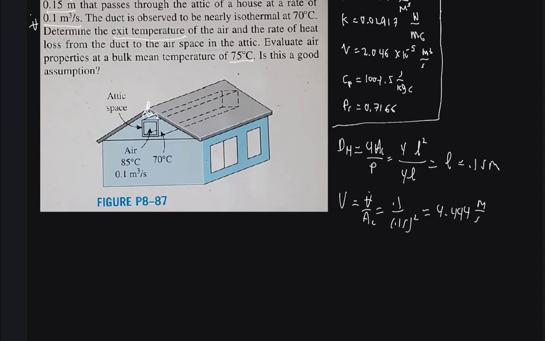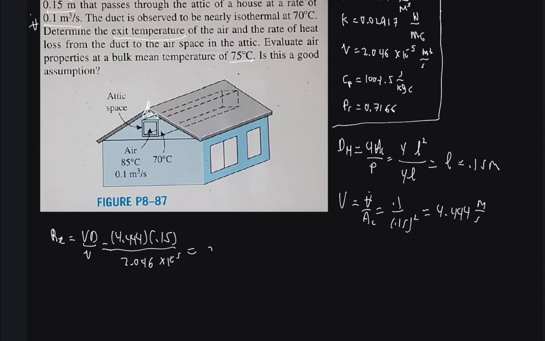Now we find the Reynolds number, and that's VD over kinematic viscosity. We have all of these things: 4.4 meters per second, the hydraulic diameter, and the kinematic viscosity up here, 2.046 times 10 to the negative 5.